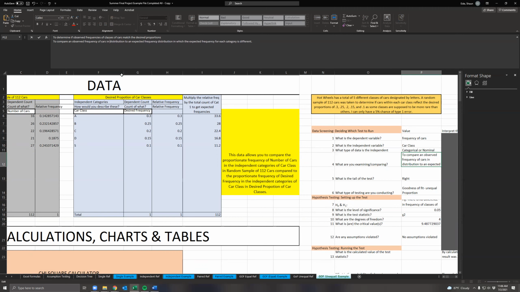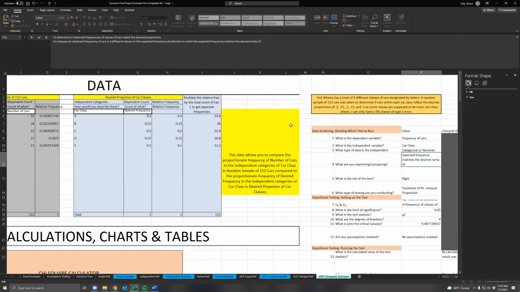in 5 different classes to the expected frequency distribution in which the expected frequency matches the desired rarity or proportion rarity.